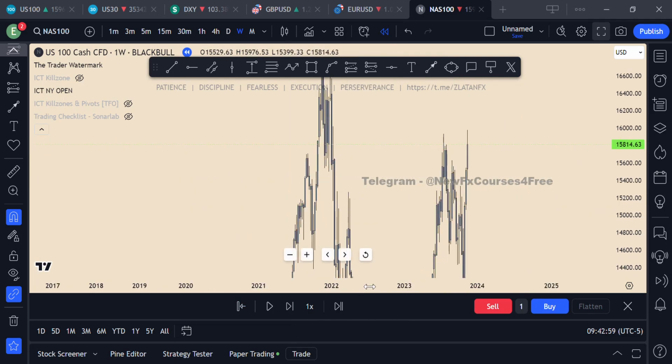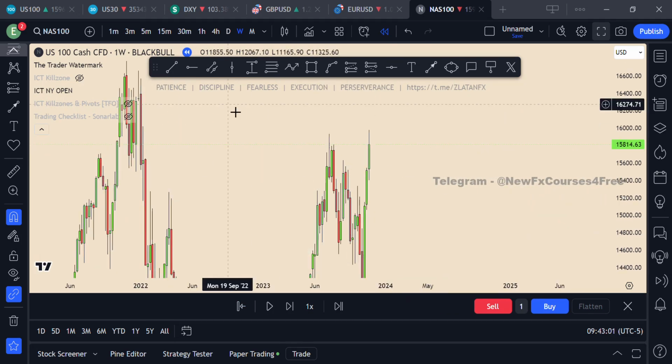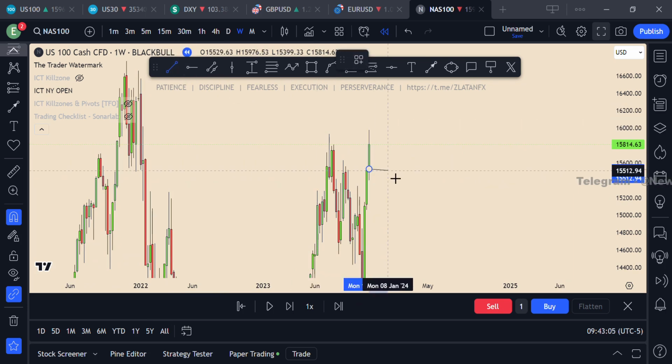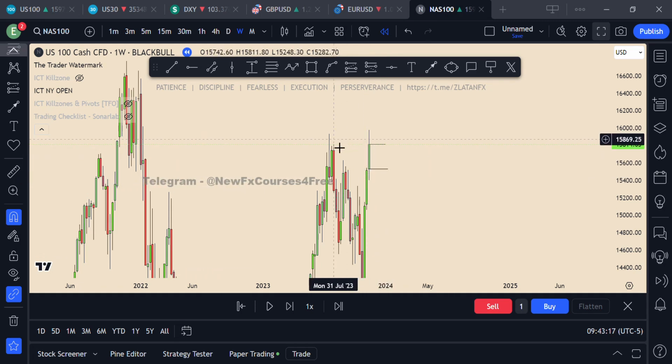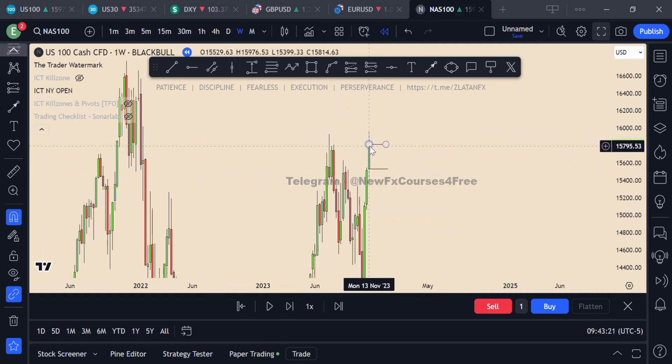So this was the opening of this week's candle, right? And this was the close, right? Notice how we opened, we went below it, then we went above, tagged this target, which was the target, and then we closed below. Open, low, high, close.